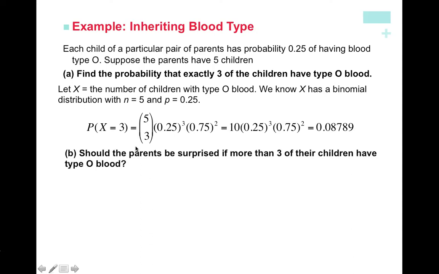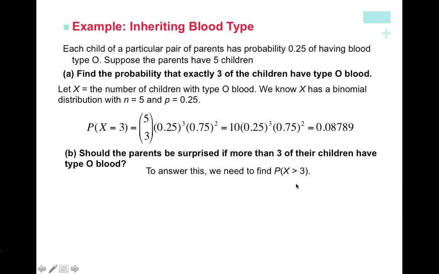Second question. Should the parents be surprised if more than 3 of their children have type O blood? Well, we have to interpret this. To answer, we need to find the probability that x is greater than or equal to 3, 3 or more, or greater than 3. It says more than 3.